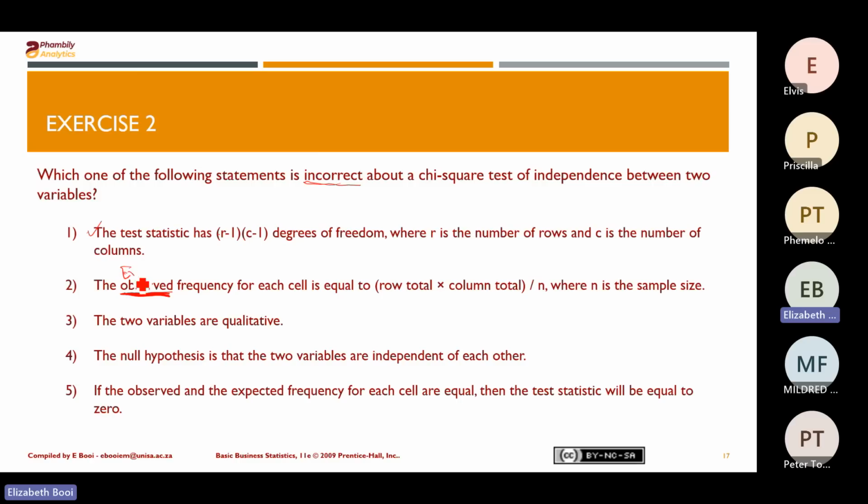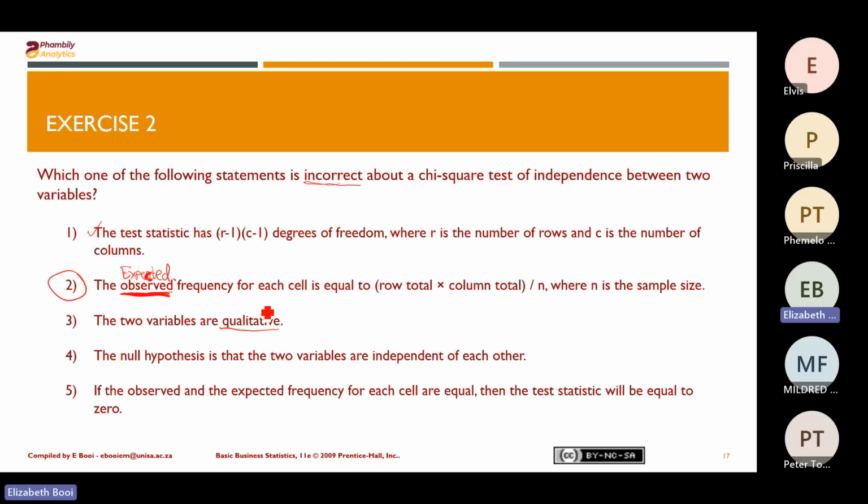The expected frequency for each cell equals the row total times the column total divided by the grand total, or your sample size. So 2 is incorrect.